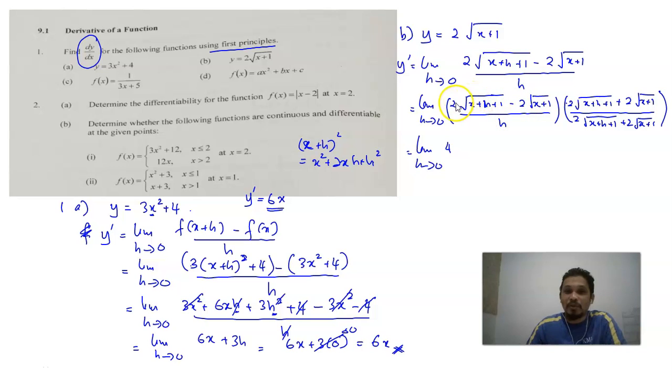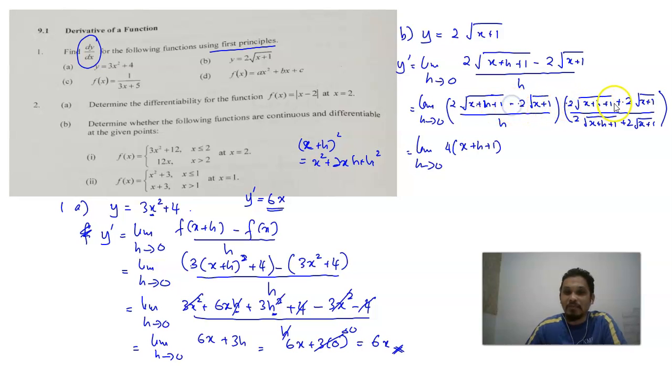So right now, 2 square root of this multiplied with 2 square root of this one here, x plus h plus 1: 4 square root times square root, then equal to x plus h plus 1. Then 2 with this one here positive, and 2 with this one here negative cancel each other because it's a conjugate.